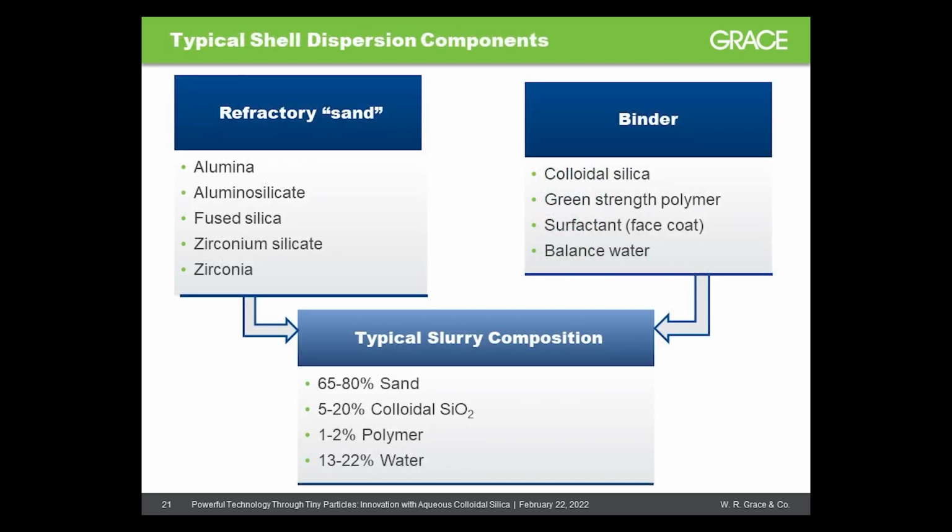There are two main components of a shell system, the refractory material and the binder. Examples of typical refractories are alumina, aluminosilicate, fused silica, zirconium silicate, and zirconia, and these are provided as micron-sized or larger particle-sized powders.